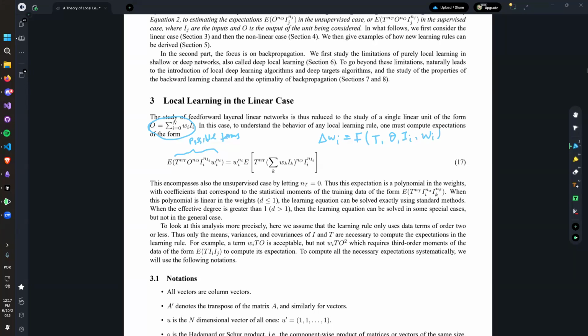So that's one possibility. Or they just say, no, we will define our loss function locally. And if we define it locally, then obviously there is no need for backpropagation. You can still do backpropagation, but to the leading order you can just adjust your weights by finding the gradients with respect to the local loss.